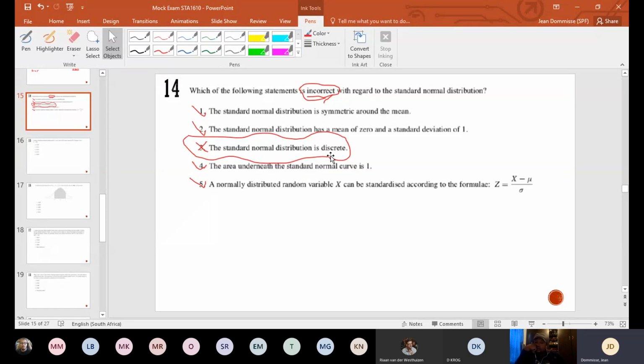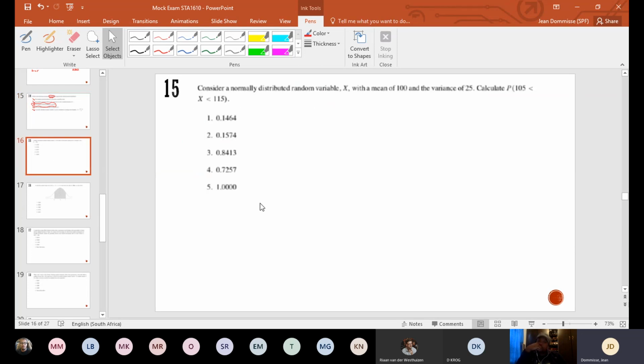But this was purely a definition type of question, so it seems like they will include definitions in your exam paper as well. Okay, let's look at the next one.